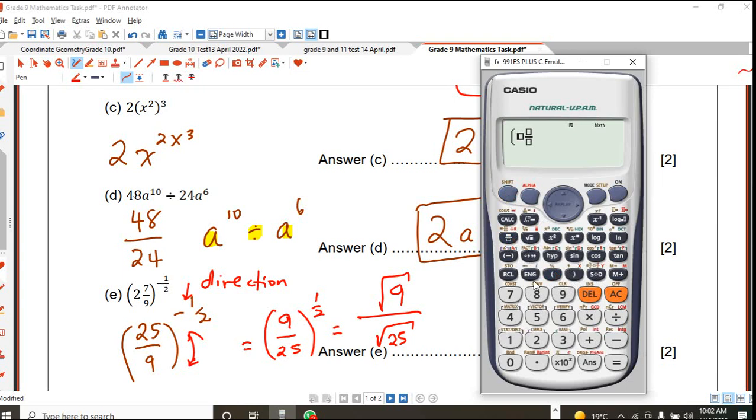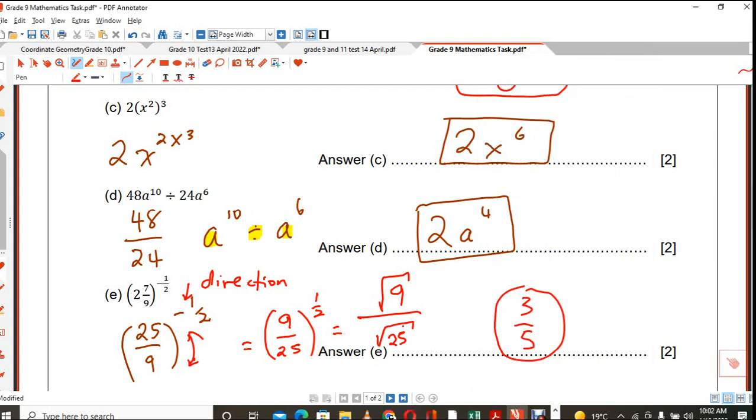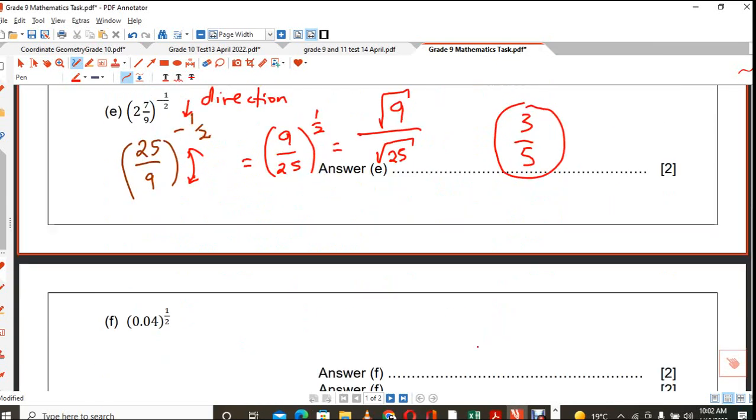So perhaps you can do that and then you put 2. Is it 7 upon 9? Yes? You close that, raise that to the power of negative 1/2. You get 3 over 5. How is that difficult? You can't be losing this mark because you can already do it on your calculator. Okay? Are we clear? All right.